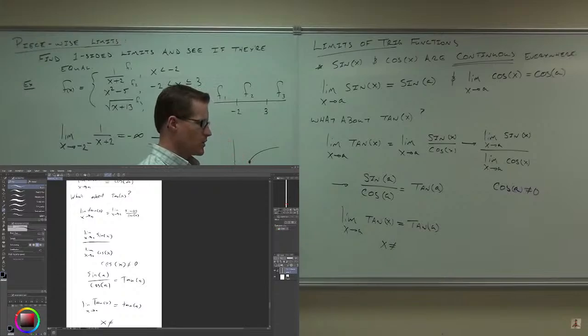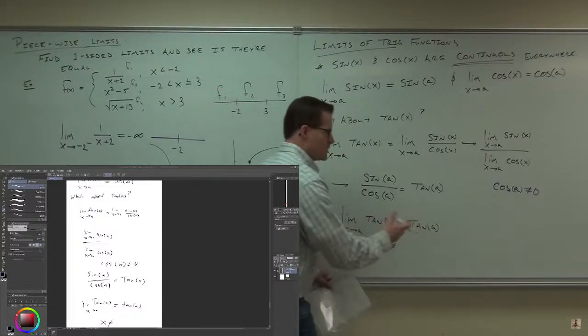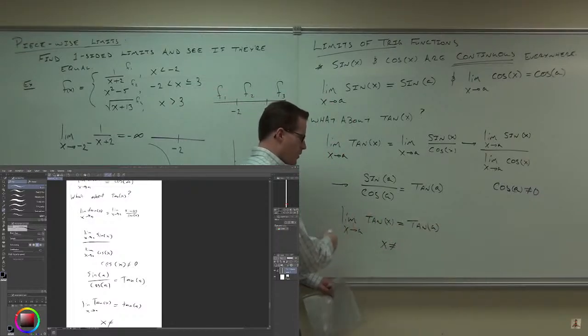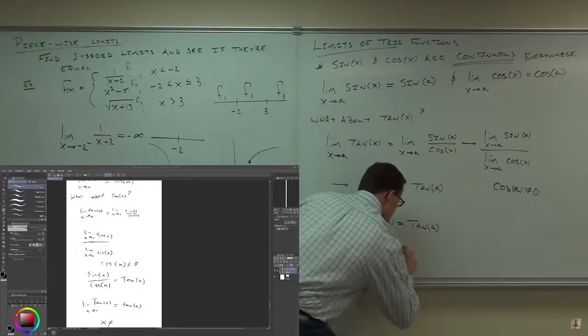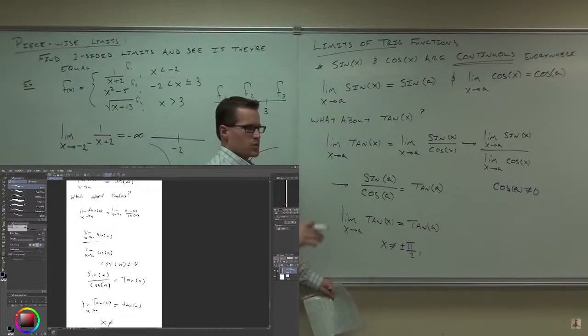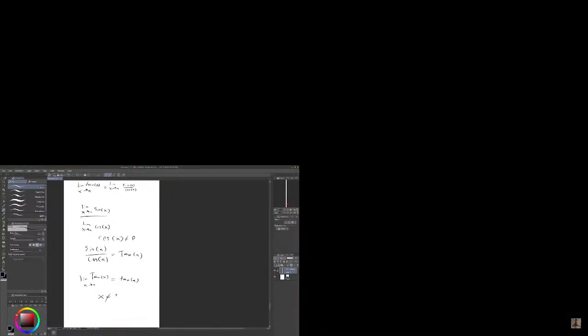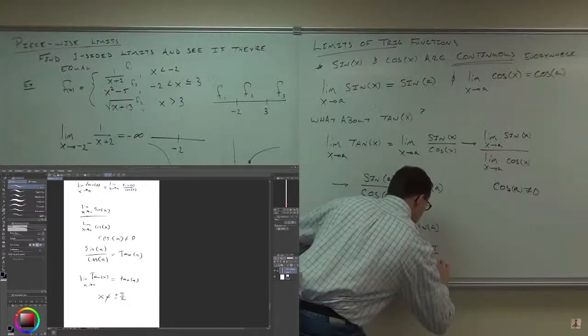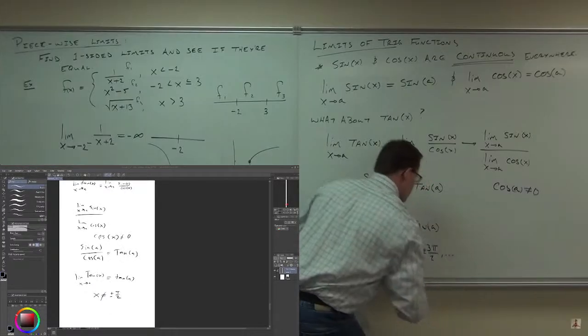Cosine a can't equal 0. If it does, you get a problem. So tangent wouldn't even be continuous at these points: plus or minus pi over 2, because when you put those into cosine, you get 0, plus or minus 3 pi over 2, and so on.